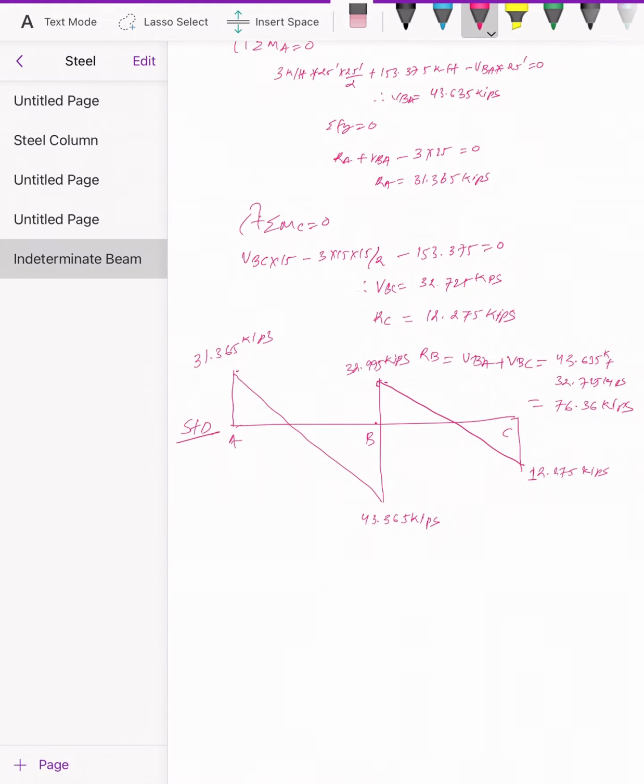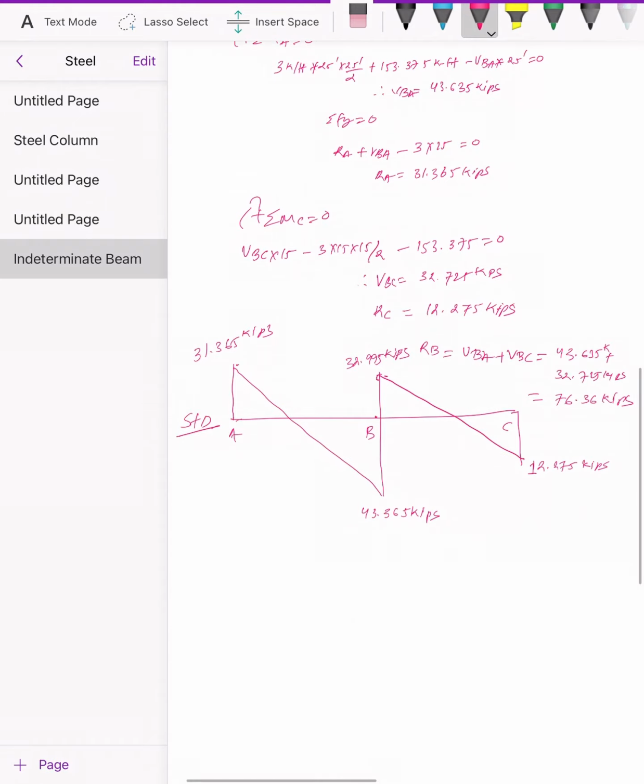So from here you will be able to calculate the bending moment diagram. In order to find that, you need to find this distance x. The area of each of these regions will give you the moment.